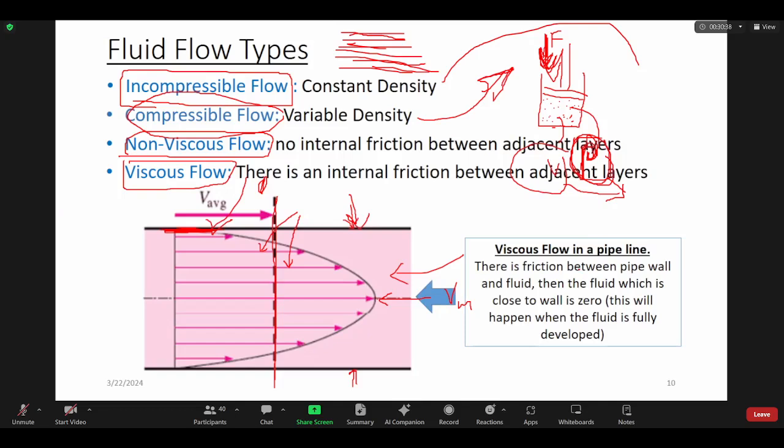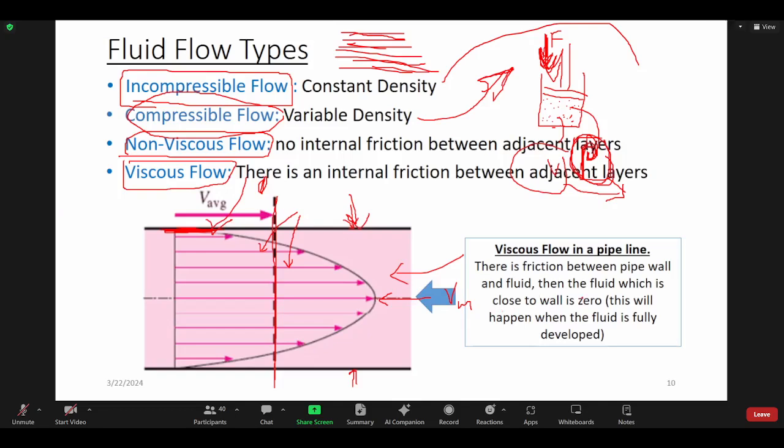In viscous flow in a pipeline, there is friction between the pipe wall and the fluid. Then the velocity of the fluid close to the wall is zero. This area, the velocity is very low and very close to zero.